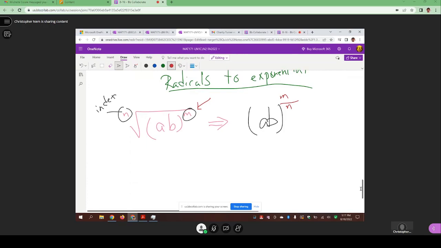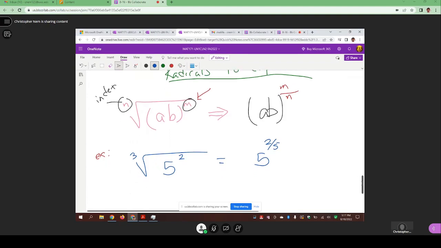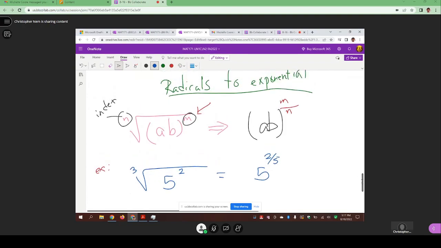So for instance, if I have the cube root of, let's say, 5 squared, that is the same thing as saying, hey, I have 5 raised to the 2/5 power. So that's how we turn radicals to exponentials. You can go backwards as well.